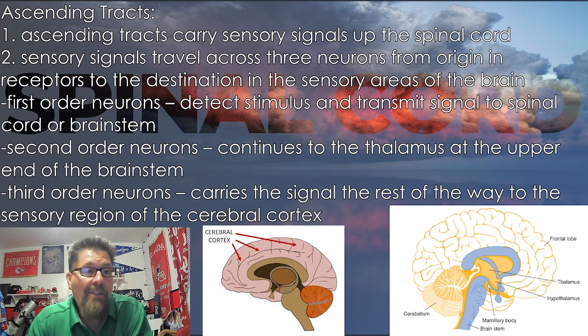And that is going to be dependent on what kind of signal it is. Is it visual, auditory, whatever section of the brain it needs to go to. But that's first order from the point of the stimulus up to the spinal cord, second order up to the thalamus, and third order out to the particular spot of the brain that it needs to go to.